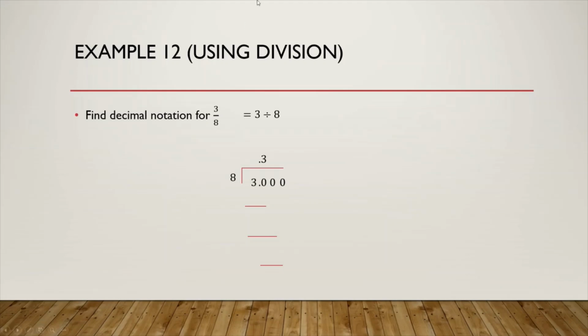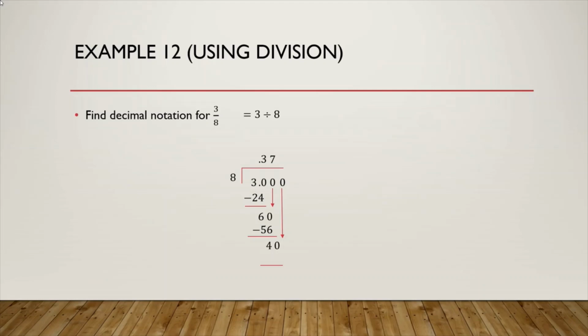And notice that you just bring up the decimal just like before. 3 times 8 is 24. Subtract 30 minus 24 is 6. Bring down 0. That's 60. Does 8 go into 60? Yes, 7 times. 7 times 8 is 56. 60 minus 56 is 4. Bring down 0. Does 8 go into 40?